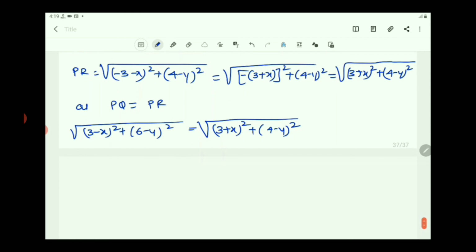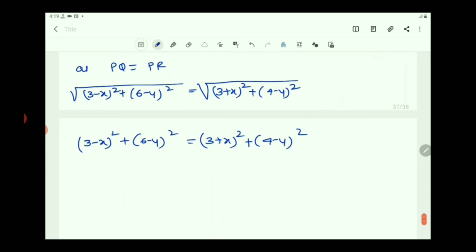Then you remove the root on both sides. So you get (3 minus x) whole square plus (6 minus y) whole square equals (3 plus x) whole square plus (4 minus y) whole square.